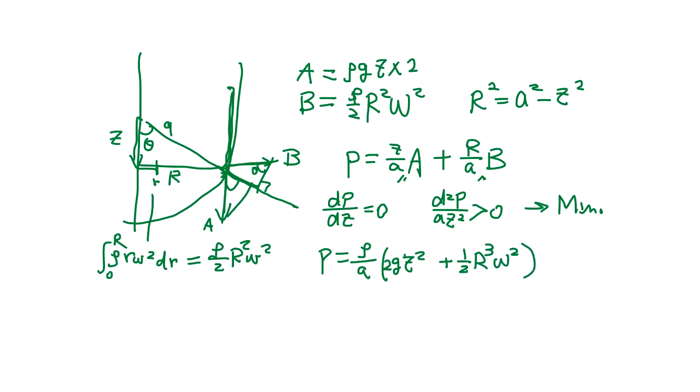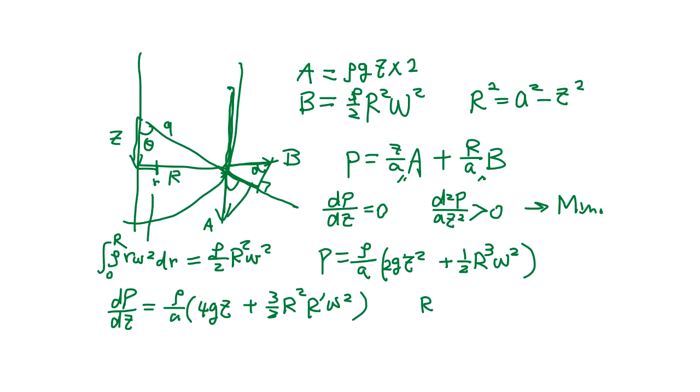Okay, so dP dz equals rho A, 4gz plus 3 over 2 R square R prime omega square, and R prime is going to be the derivative of A square minus Z square.